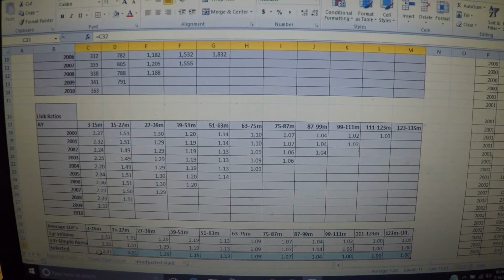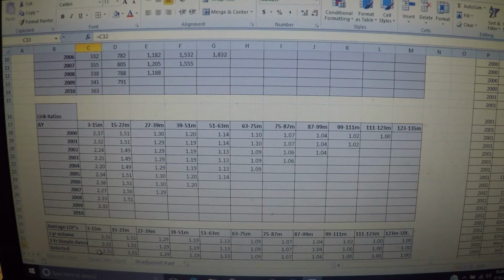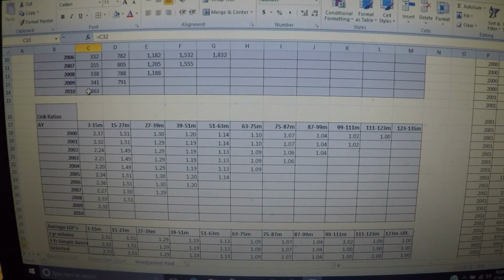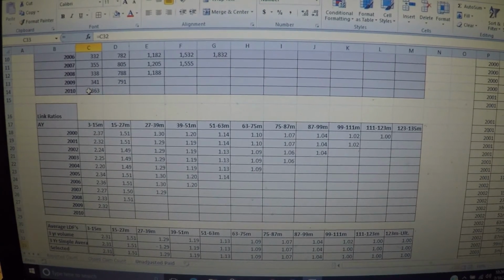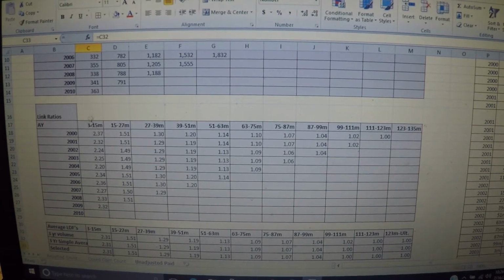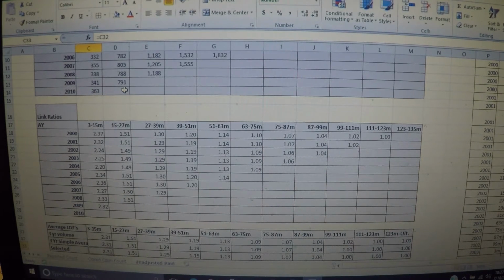So in other words, what does this 2.31 represent? This represents, if I multiply 363, the reported loss in calendar year 2010, quarter 1, corresponding to accident year 2000, times 2.31, that will give me what I then estimate for the reported loss, cumulative, for 15 months out of 2010, right?